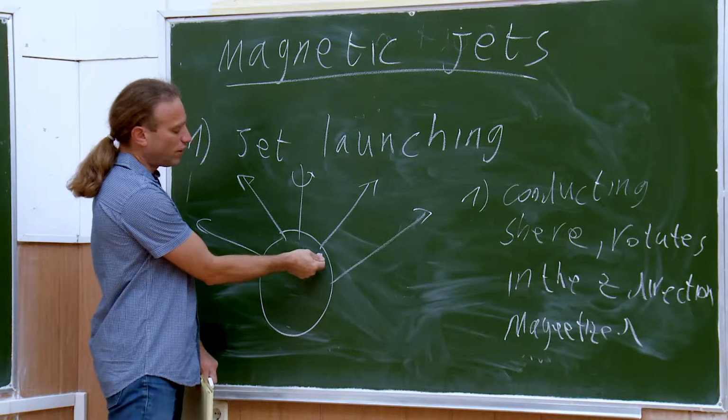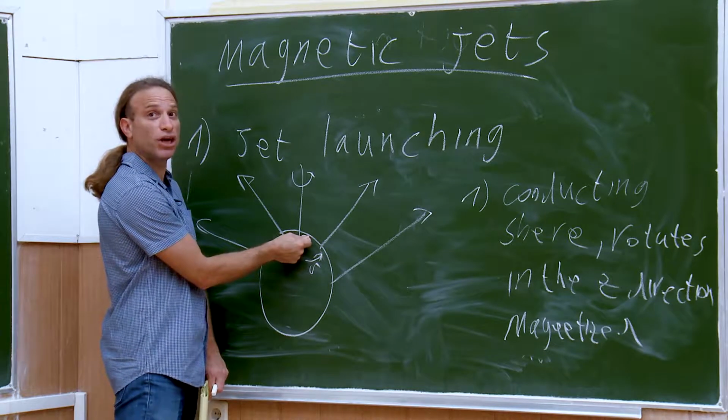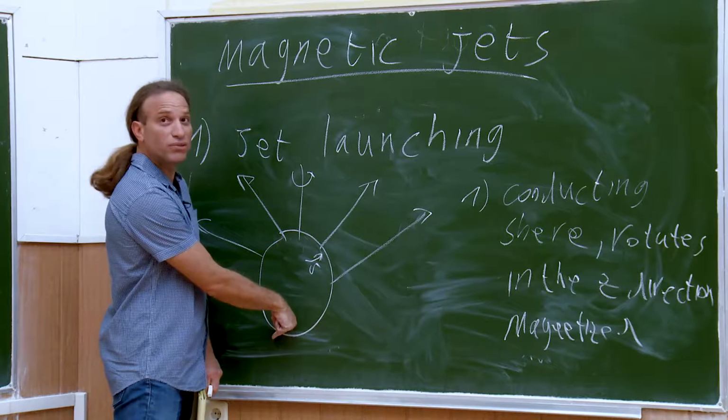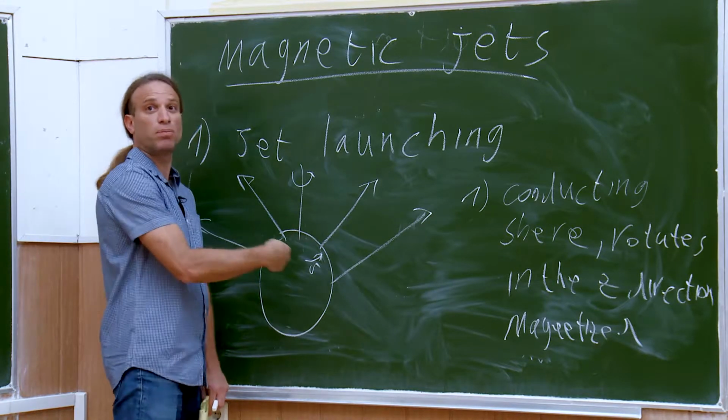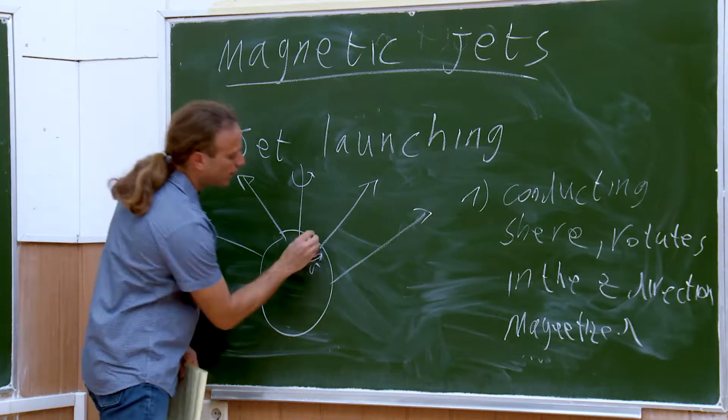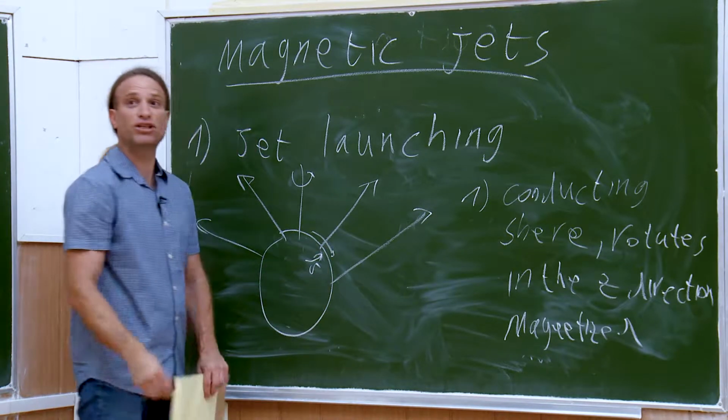So I have motions of positive charges to the north pole, motion of negative charge to the negative pole. So I have an opposite electric field pointing to that direction.